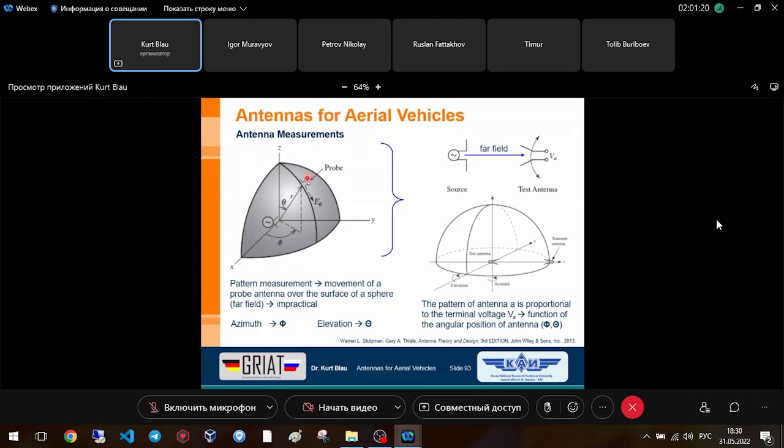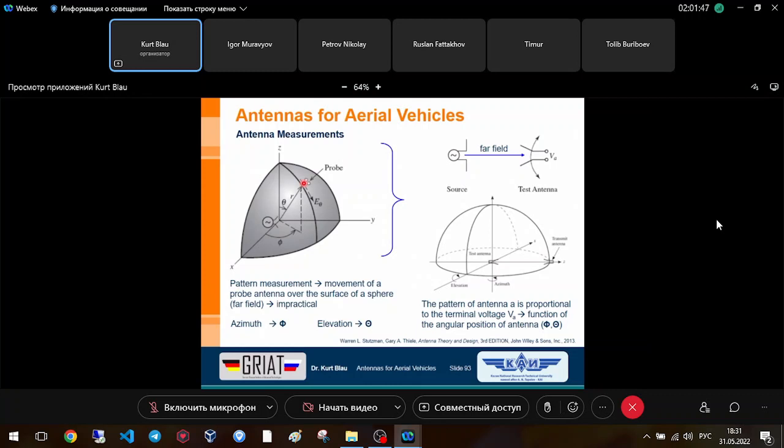And we are flying with our probe antenna, and this is important, with constant distance. If we change the distance, then we make a very large mistake. We have to hold constant distance, and this distance has to fulfill the far field conditions.